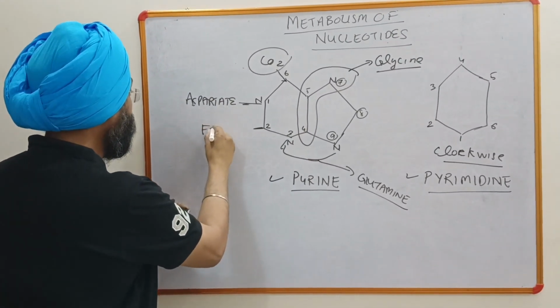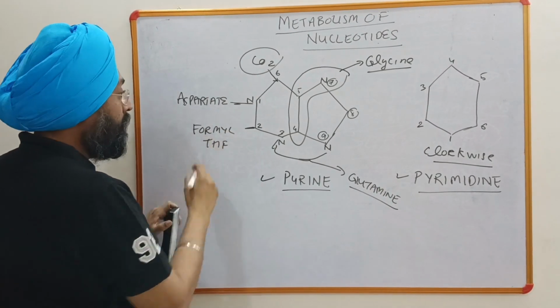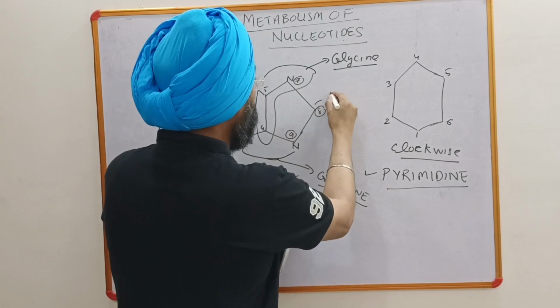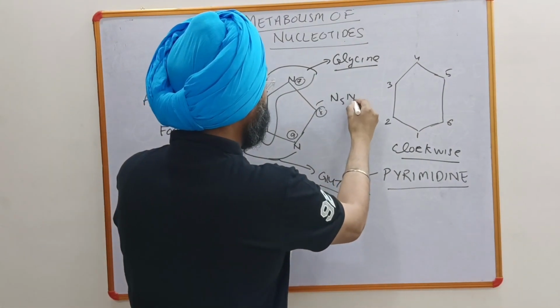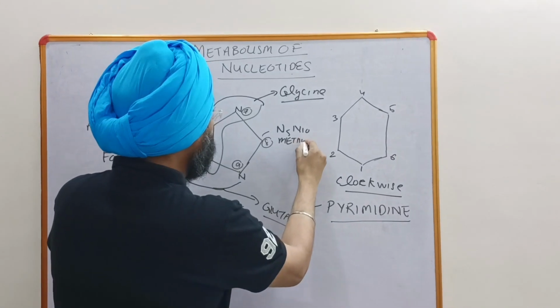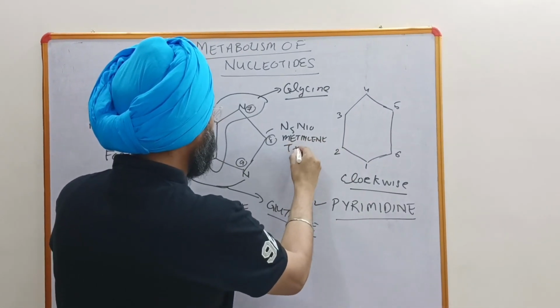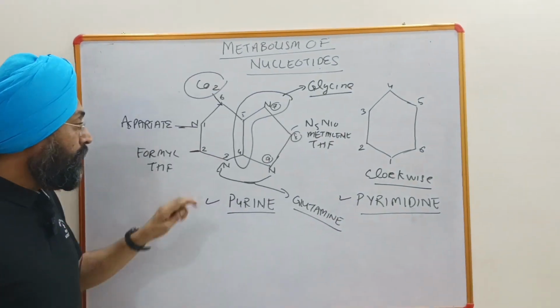So this is formyl tetrahydrofolate, and this is N5, N10 methylene tetrahydrofolate, right?